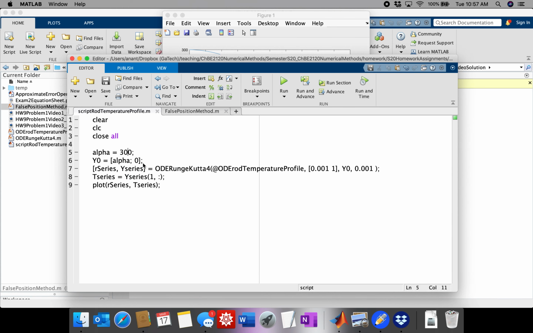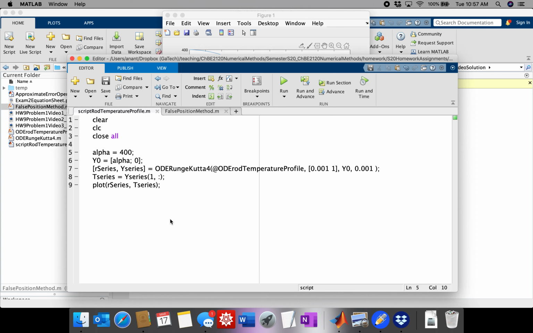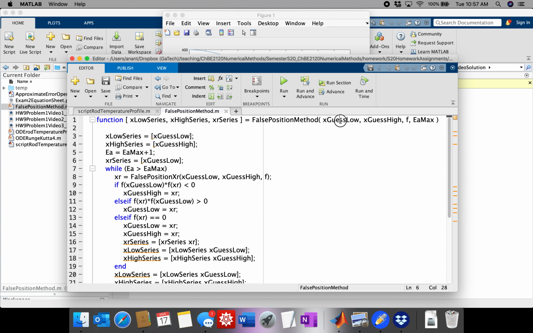In fact, we probably don't even need to go all the way to 400 as the problem requests, but I guess it doesn't hurt. If we guess 400, then we get something that is much higher than 300 at r equals 1. So our initial guesses are 300 and 400.